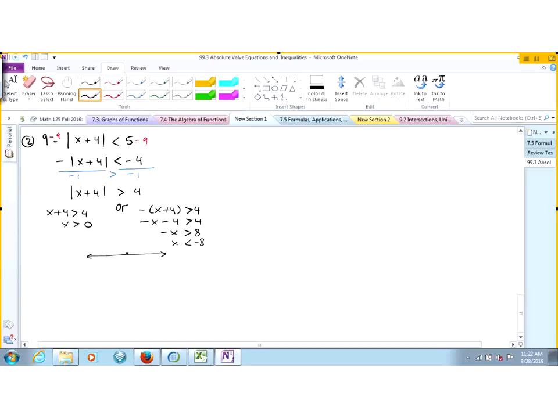Okay, so you would get a tail area here. 0, open or closed? Open. Arrow is to the right. -8. Open. Arrow is to the left. Okay. All right. So what does OR mean?